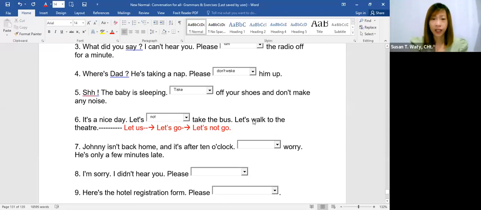Remember, guys, not only Miss Fanny, for the rest of the class, when forming the negation using let's, we just add the not in front of the verb. Let's not eat, let's not sleep, let's not talk about it. Okay, let's not bargain. Anything, just add the not instead of don't.